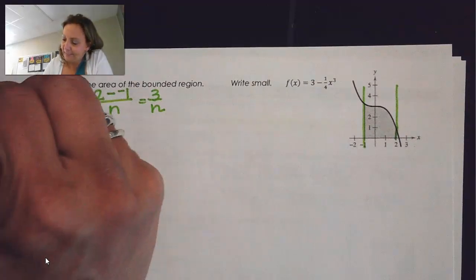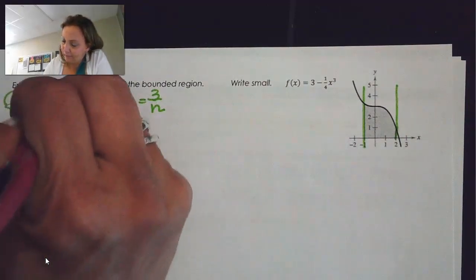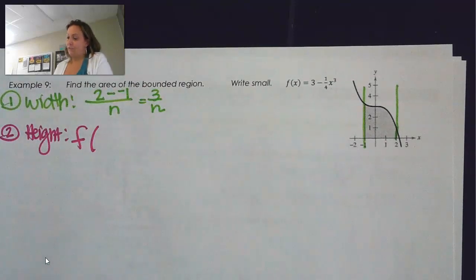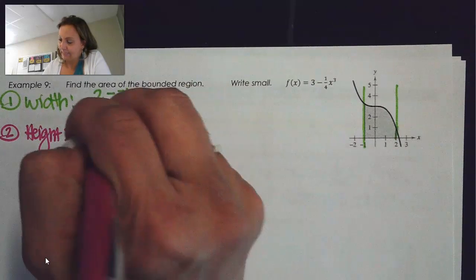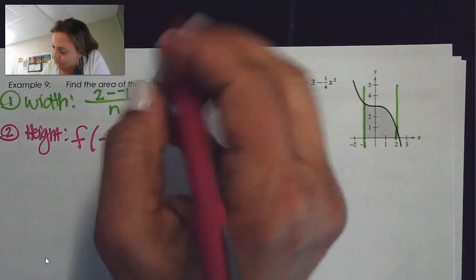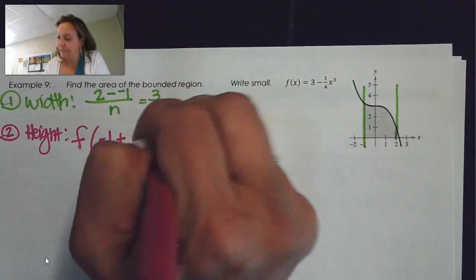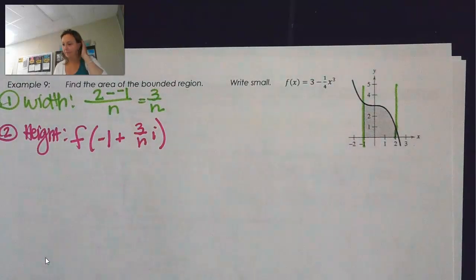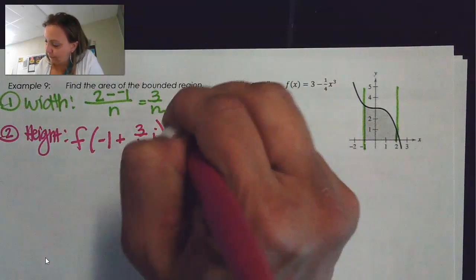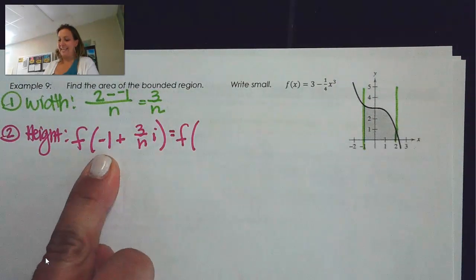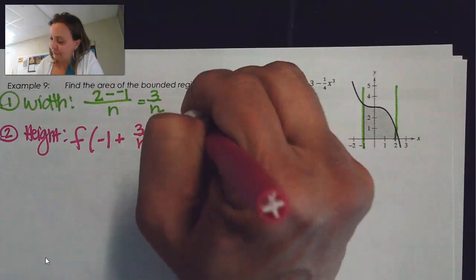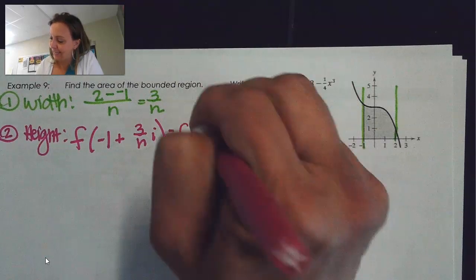And our height is going to happen at f of our start, which is -1, plus the width, which was 3 over n, times i. Okay? So we could rewrite that as -n plus 3i. I don't like negatives first, you know me. 3i minus n over n.